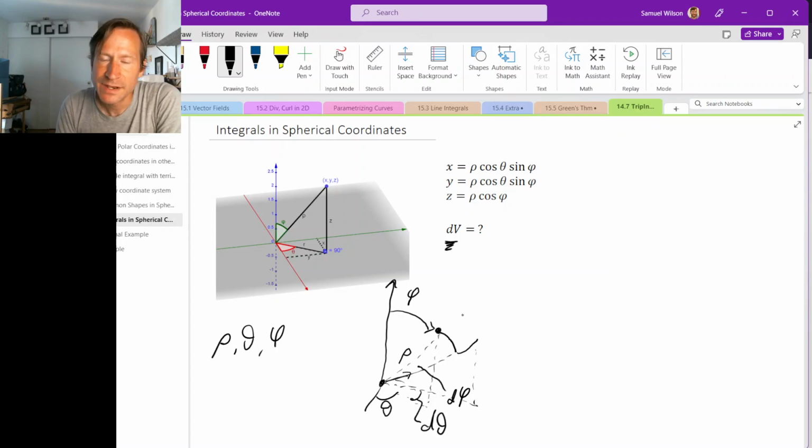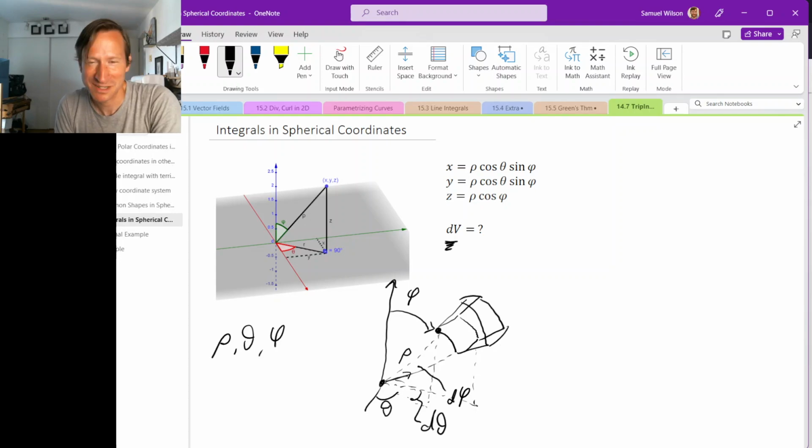So far we've got this. And then changing rho a little bit is going to move all of this a little bit further away from the origin. So all of these are going to slide out like this, and we get this sort of wedge-shaped box.